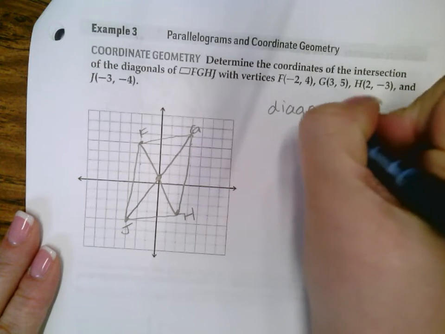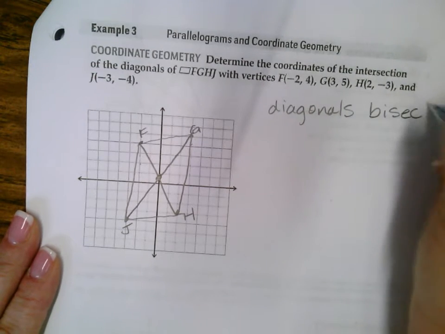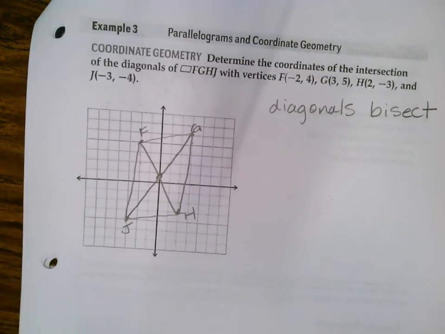The diagonals bisect. So what we're going to do is use the midpoint.